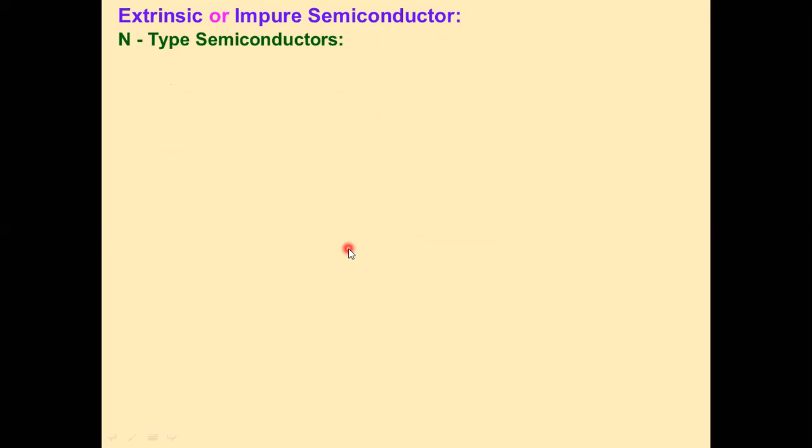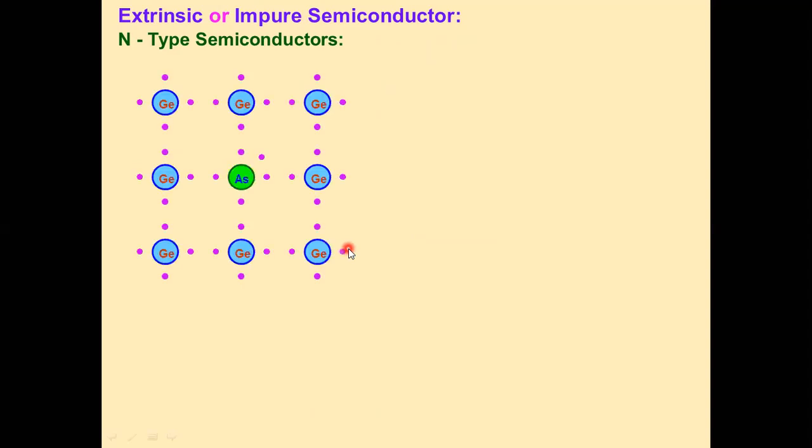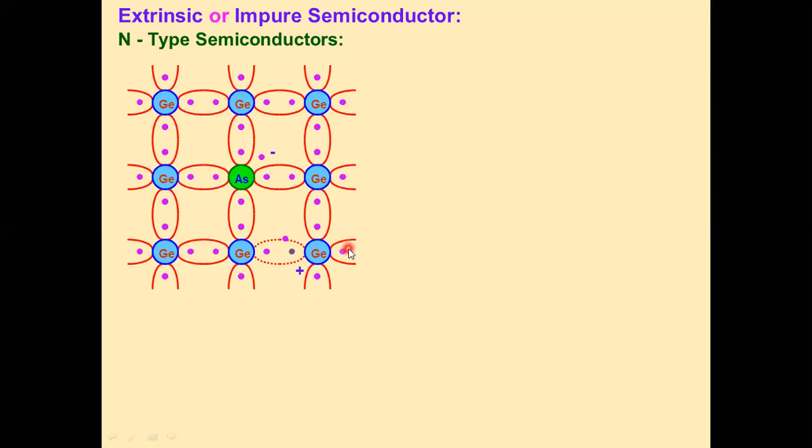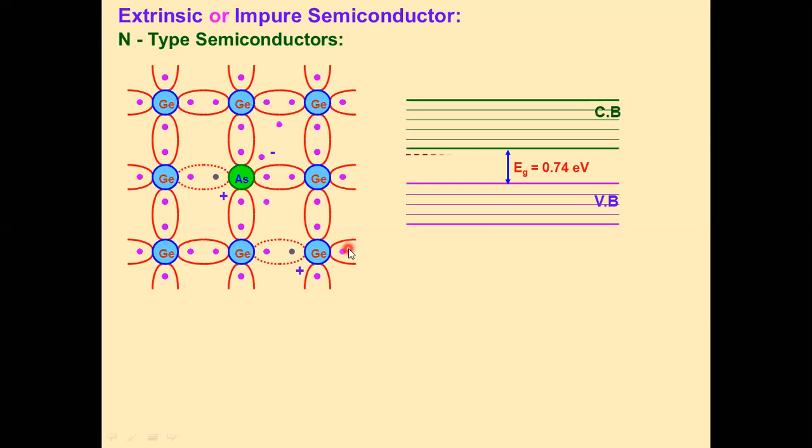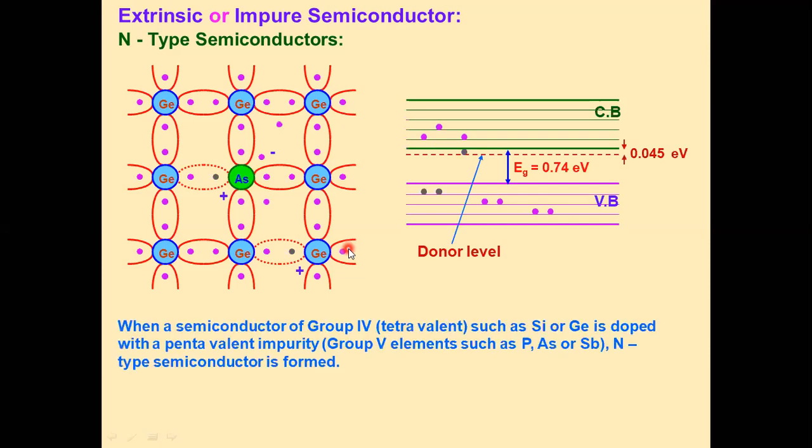And this extrinsic type of semiconductor gets classified into two types, N type of semiconductor and P type of semiconductor. First one, N type of semiconductor. In the N type of semiconductor, when a pentavalent element is doped with the pure semiconductor, then this type of semiconductor is known as N type of semiconductor.